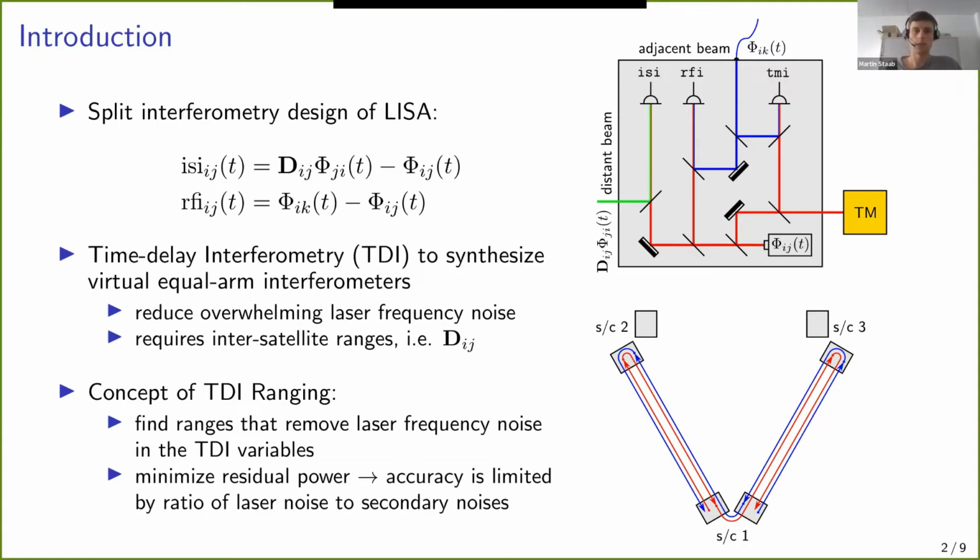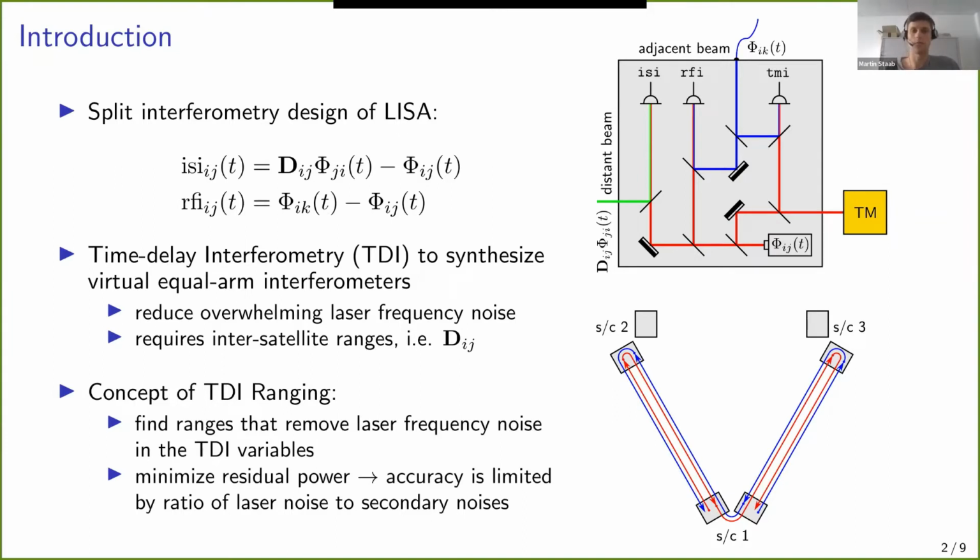And to do that, we need the ranges, which are used to propagate measurements from one spacecraft to another, and those are then these delay operators. TDI ranging basically inverts this concept.